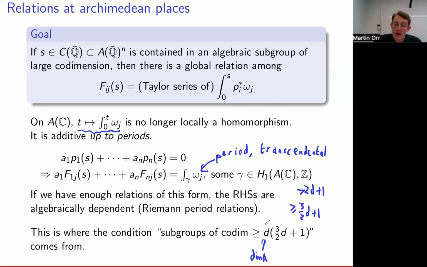So when I say the codimension is at least this, I've got at least this many copies of A that I've killed off in the quotient by the subgroup in which S lives. So if I have this codimension subgroup, I get this many relations of this form.